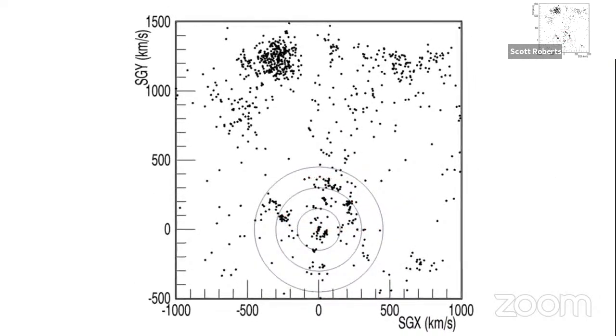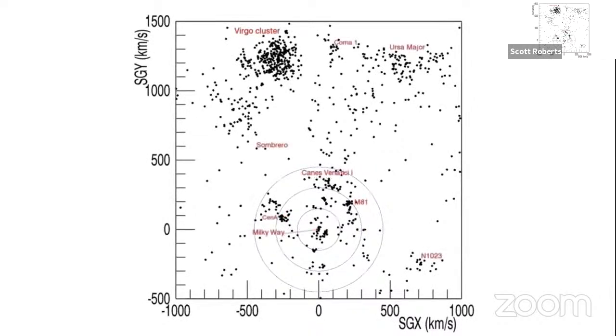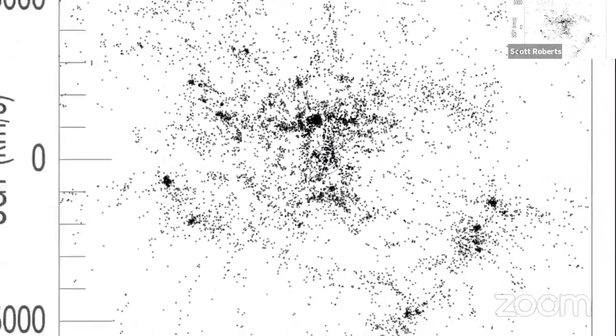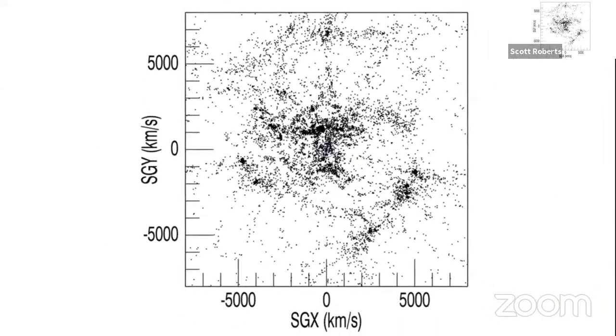Returning to a polar view of the local sheet, the scene expands to include the Virgo cluster. The local sheet trails off in density beyond our location in the direction away from the Virgo cluster. Our inventory of accurate distances is severely diminished beyond 500 km per second. With the next scene, we draw back to see a polar view of the entire width and length of the V8K catalog, though what is shown is only a line-of-sight slab 2000 km per second thick, centered on the supergalactic equator.